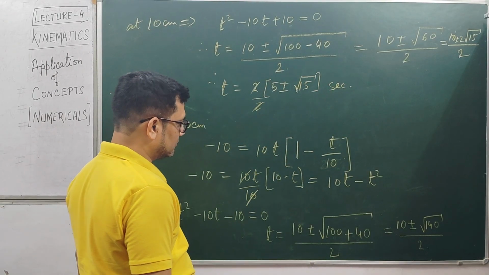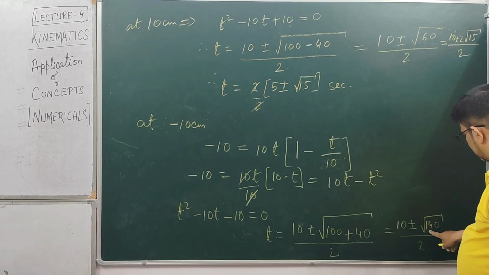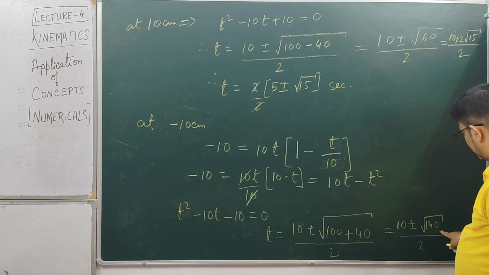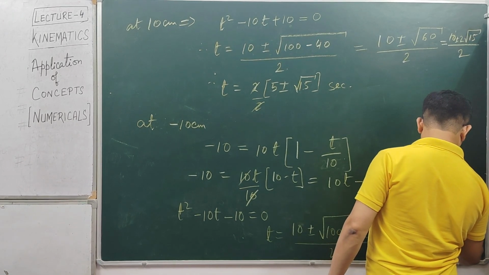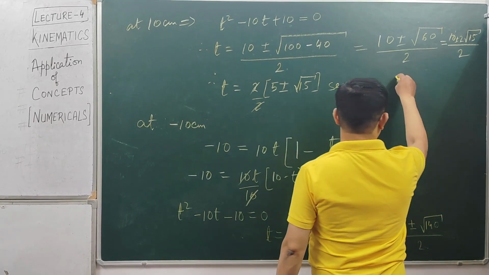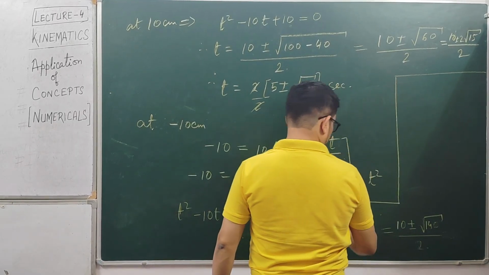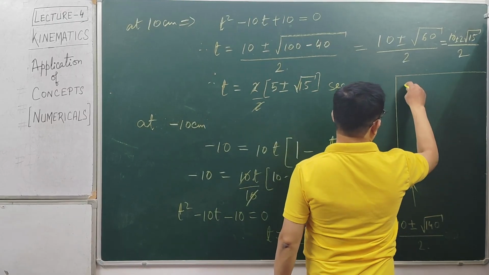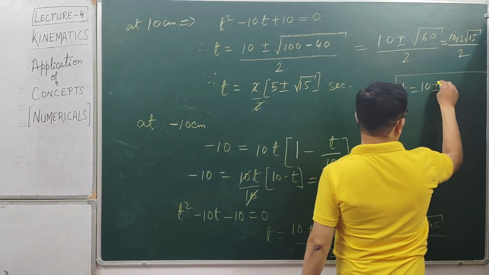Can we take that out? Yeah, we can. I'm just writing it here. So we can write t is 10 plus minus root 140.